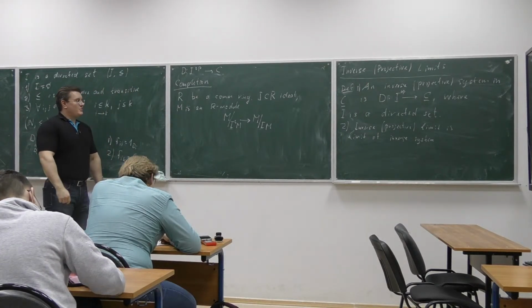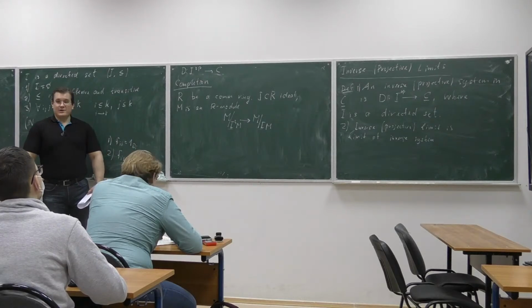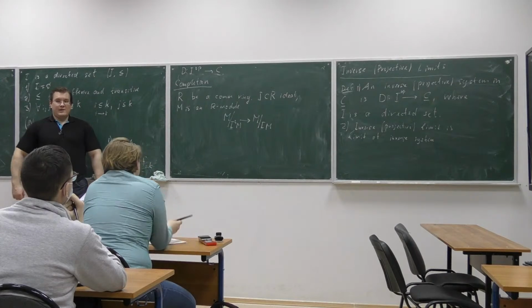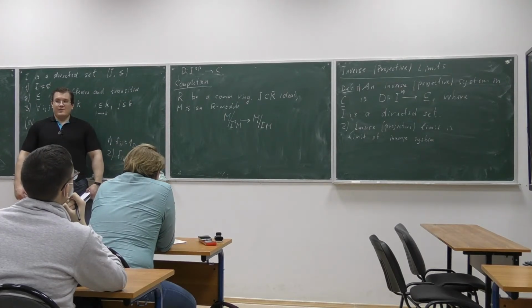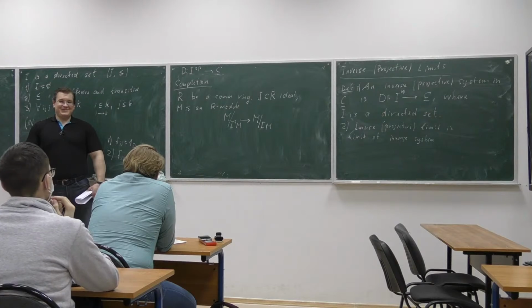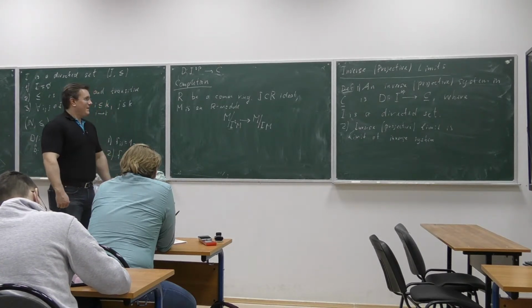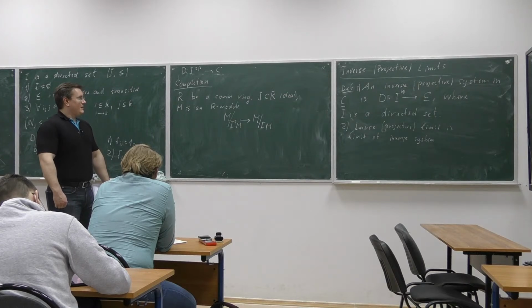Do you have questions about what we have in this diagram? Because if you don't understand something, you won't understand the rest. The question is, is it clear what I wrote here? Yes. Does this structure give a module some additional properties?